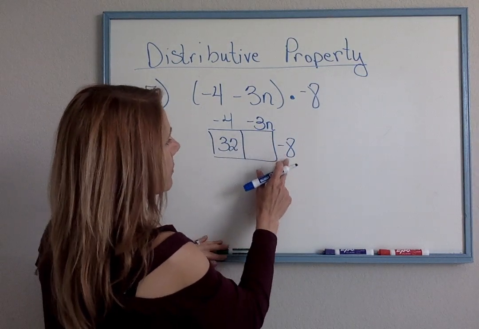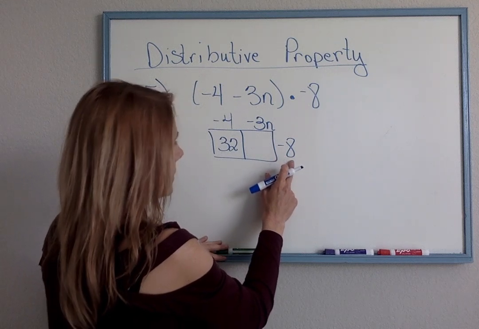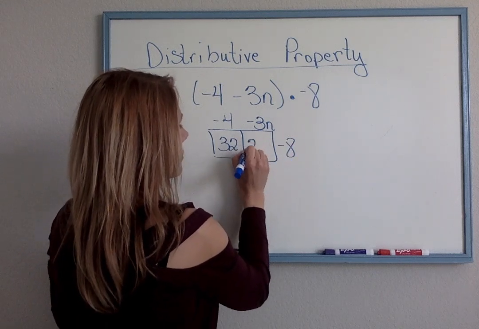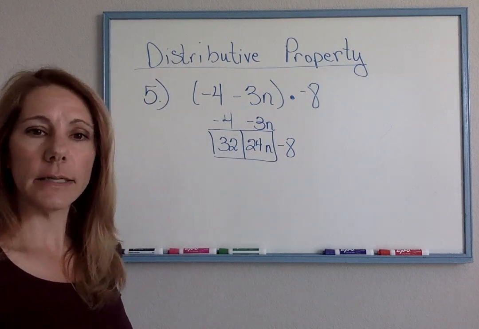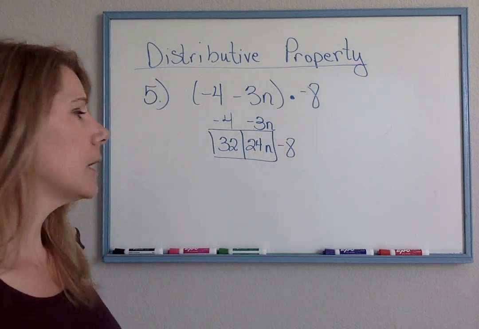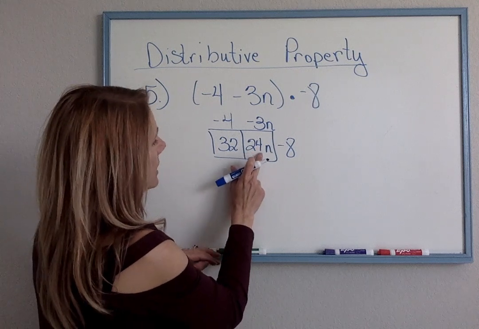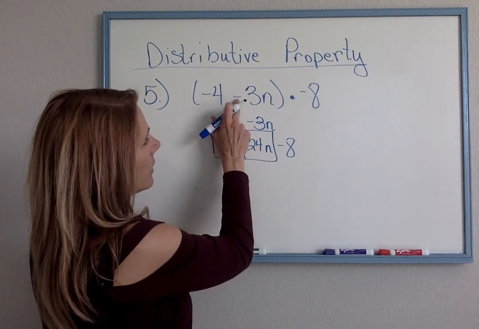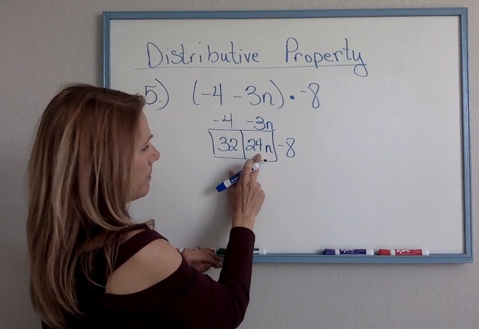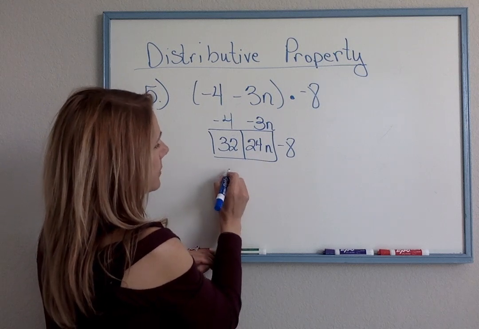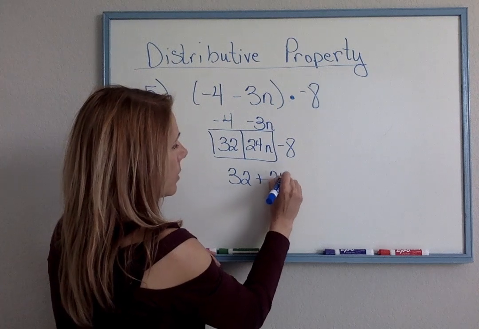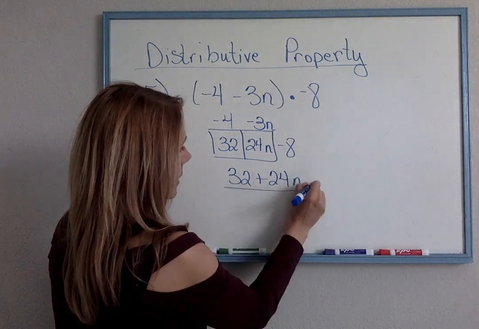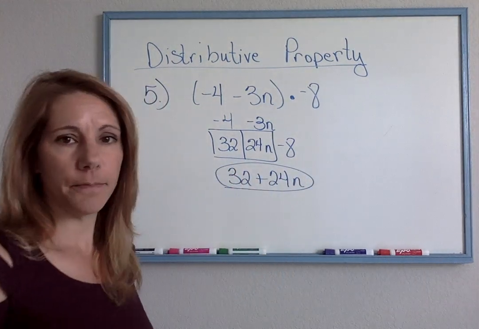So -3 times -8 is positive 24, and that's still times n. So I get positive 24n. Since this is positive, I'm not going to use the minus sign anymore, okay? So when I simplify this, I'm going to get 32 plus 24n as my final answer.